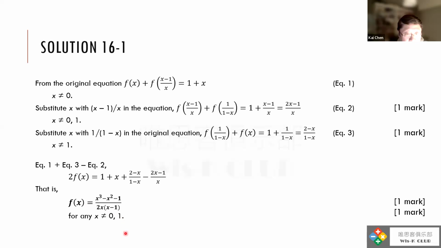The only attention point is that you have to define the domain, because many of you can easily find this one, but it's better to always define the domain. In this case, x cannot be 0 or 1. Because it's asked to find the function, bear in mind that in the definition of functions, it's not only the equation or formula, but also the domain.